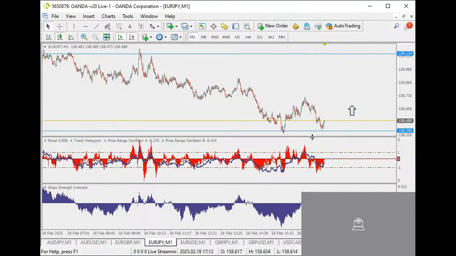Because my indicators suggest that I'm right and they are wrong in the short run. In the long run, maybe it will come down, or maybe the immediate trend will reverse north.